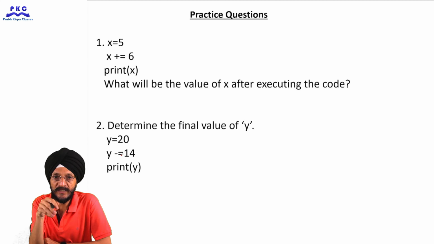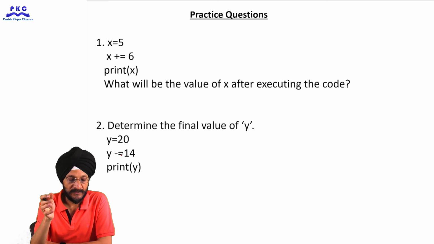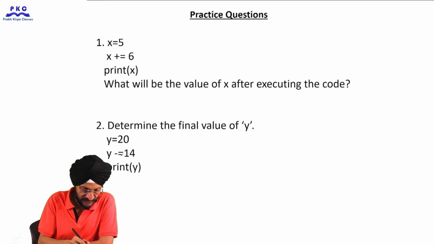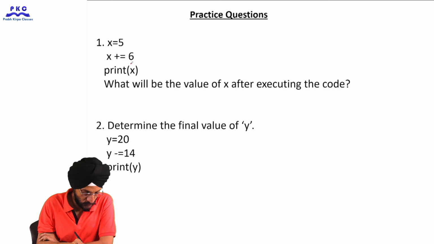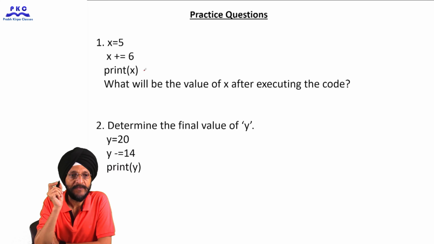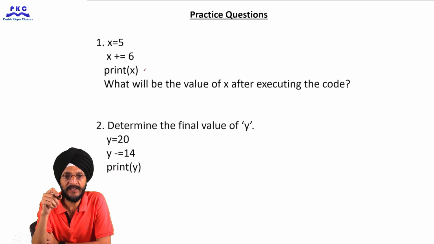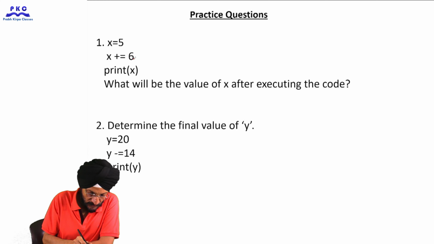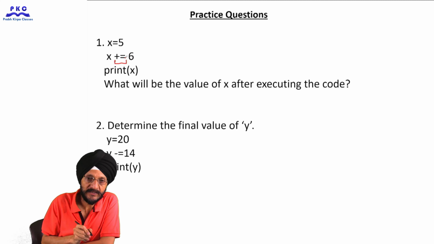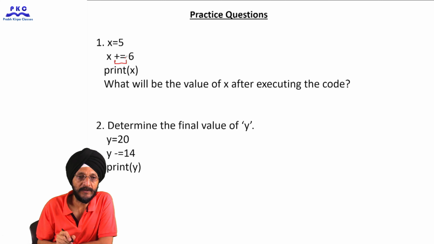Here some questions are given. We will solve them. First is x is equal to 5, x addition assignment is equal to 6, print x. What will be the value of x after executing the code? So this is the addition assignment operator.